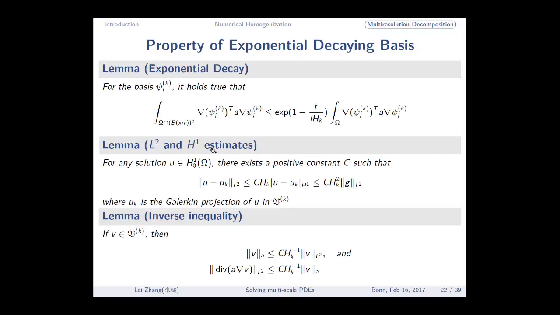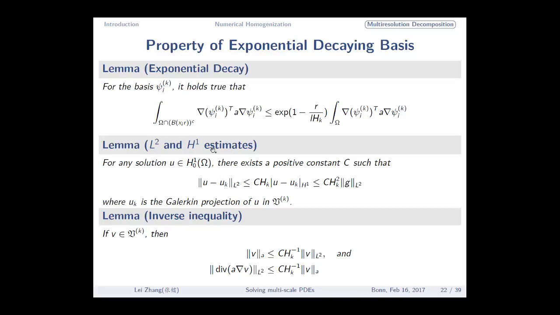And what are the properties of this exponentially decaying basis? First, it is exponentially decaying. And second, we have this lemma: we have the L2 and H1 estimates. We have the H1 estimate, which you have seen before, and it's not hard to prove the L2 estimate. You also have the inverse inequality, which is very useful.